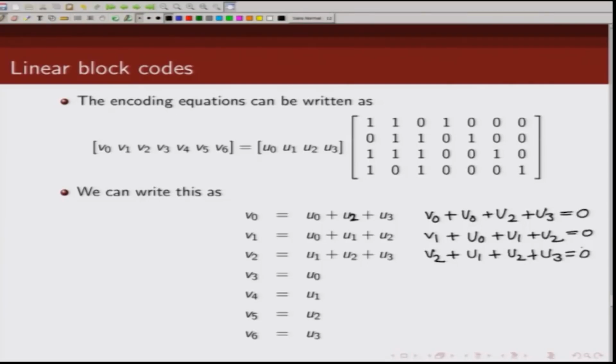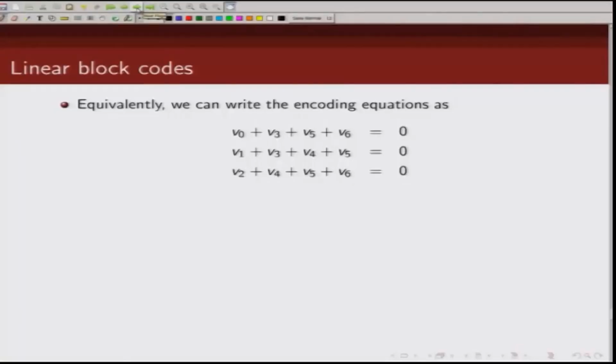Similarly, U1 is equal to V4, so wherever U1 appears, we can replace it by V4. U2 is equal to V5, so we can replace U2 by V5, and U3 is equal to V6, so we can replace U3 in terms of V6. By doing this, what we will get is a set of equations which are dependent only on these coded bits.